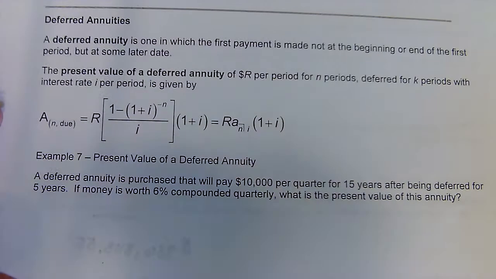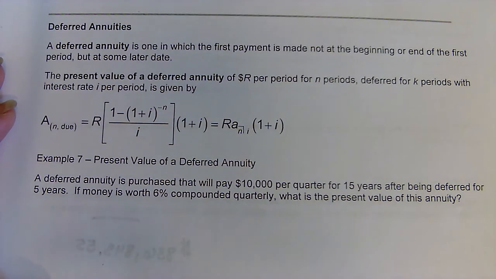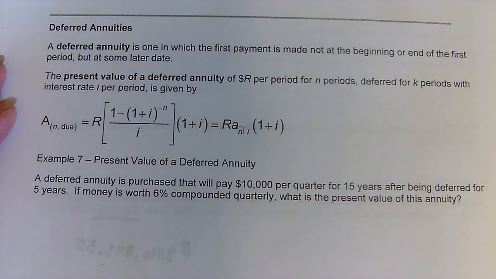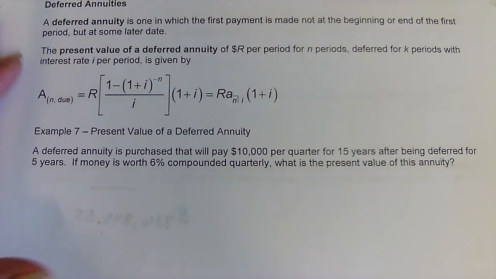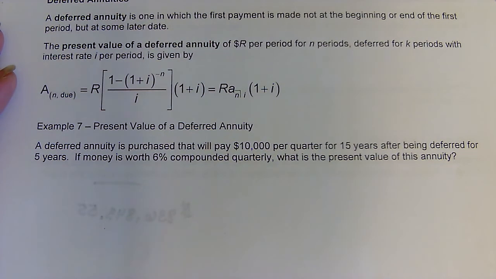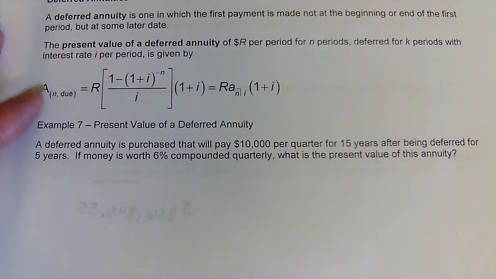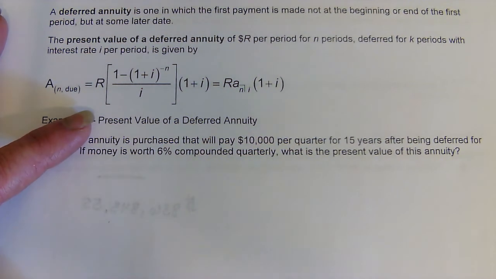Now, a deferred annuity is one in which the first payment is made not at the beginning or end of the first period, but at some later date.